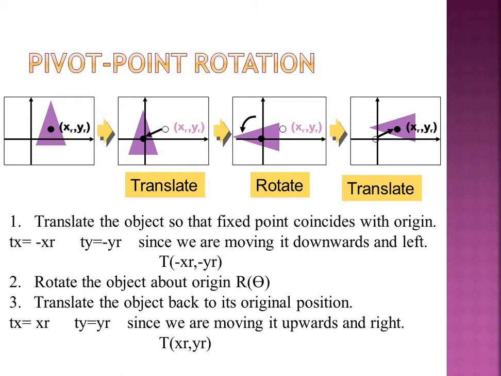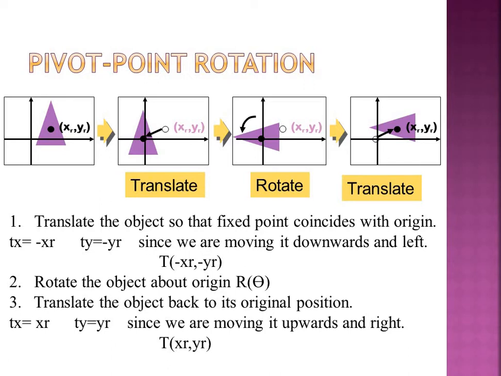For that we have to translate this point downwards and towards the left. So the values of Tx and Ty will be taken as negative, minus Xr and minus Yr. If you want to know what translation is and how basic translation is performed, you can watch my previous video lectures about 2D basic translations.